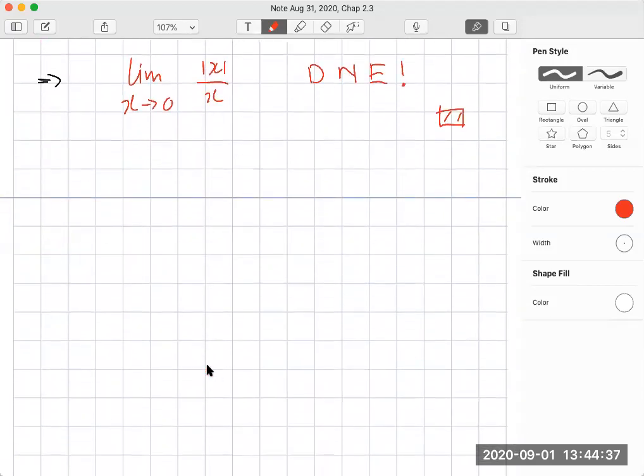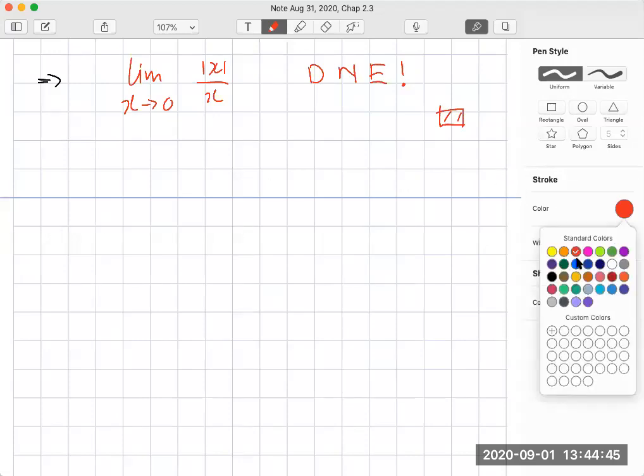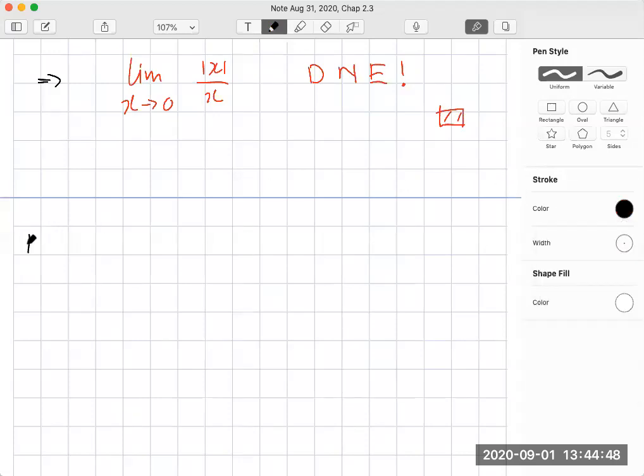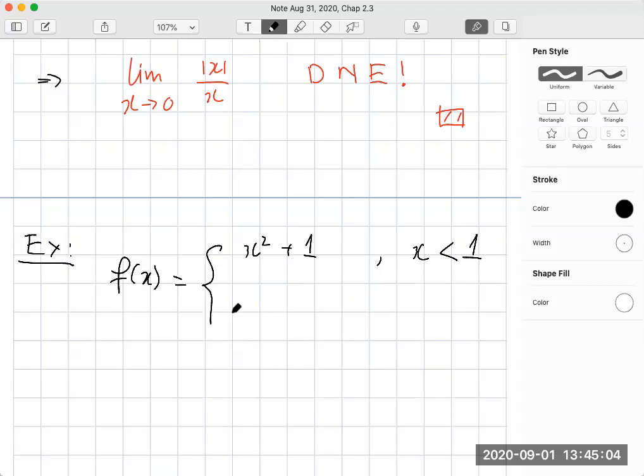So now let us consider another example, a branch function. So f of x is defined as x squared plus 1 for x smaller than 1, and it is x minus 2 squared when x larger or equal to 1.